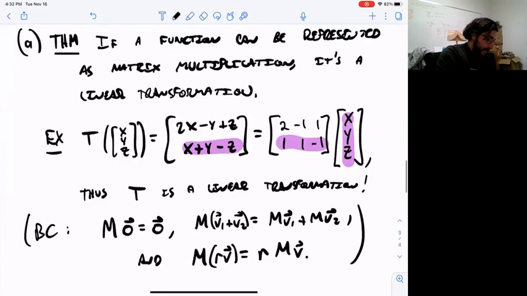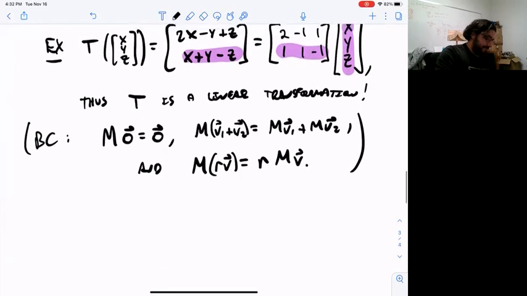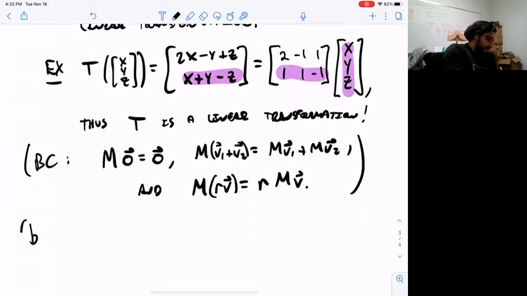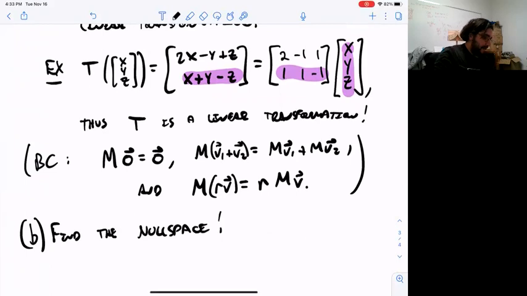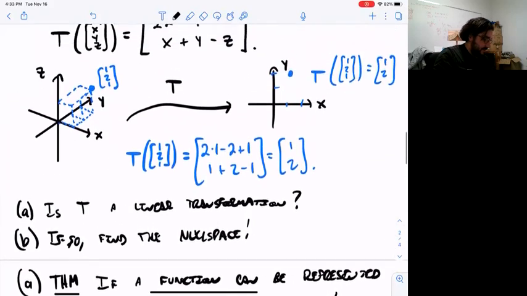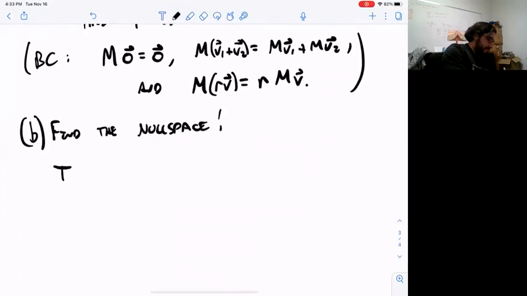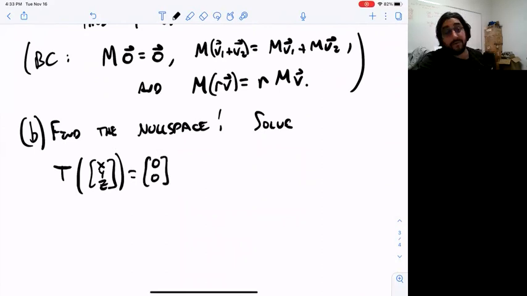So here, what I want to do is find this null space. So now part B, let's find the null space. What I want to do is solve T of x, y, z equals 0, 0. I want to know for what x, y, z does that happen?